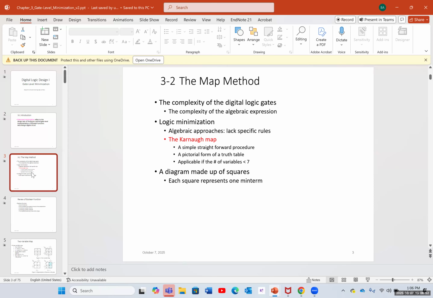Then we will go through the map method. We already learned about Boolean algebra and the algebraic expressions and how we can use the theories and the postulates to be able to minimize the gates using Boolean algebra.